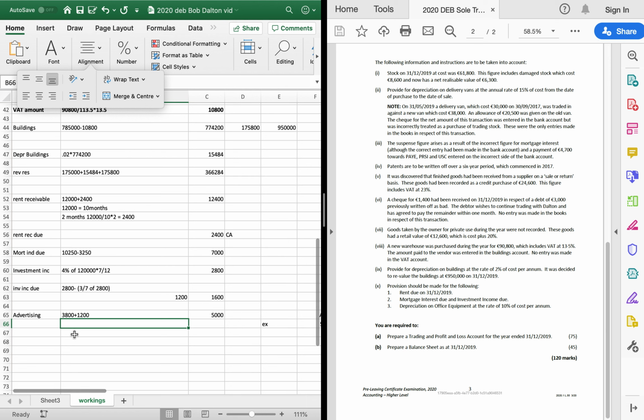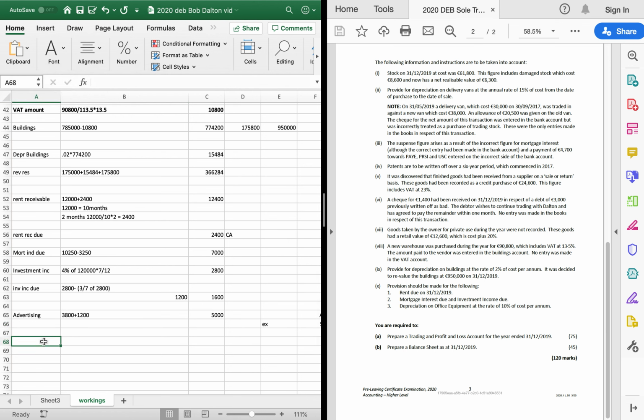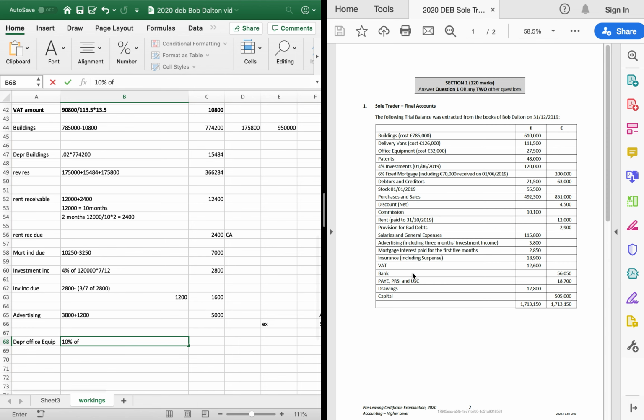So depreciation on office equipment is 10% of the office equipment. So where's the office equipment? 32,000, so it's 10% of 32,000, which is 3,200.